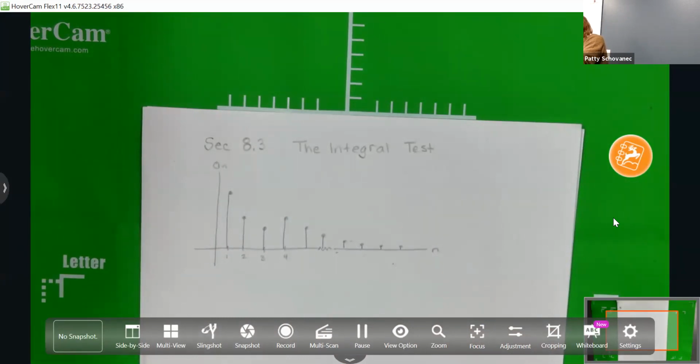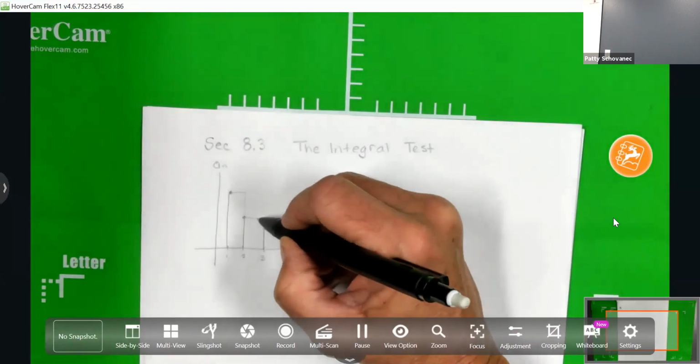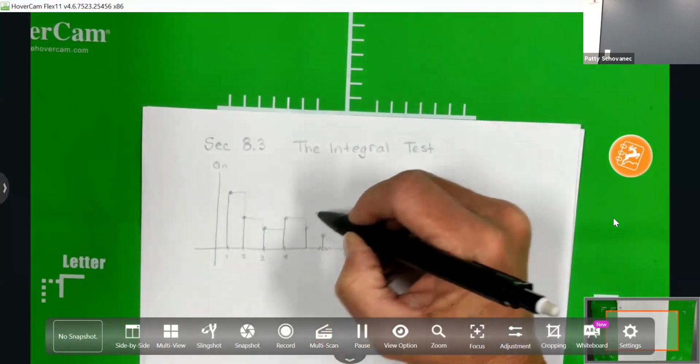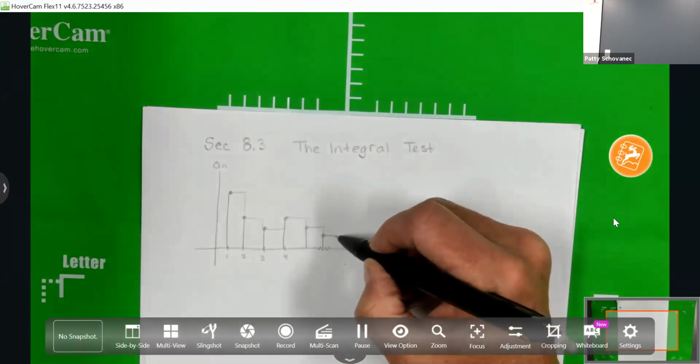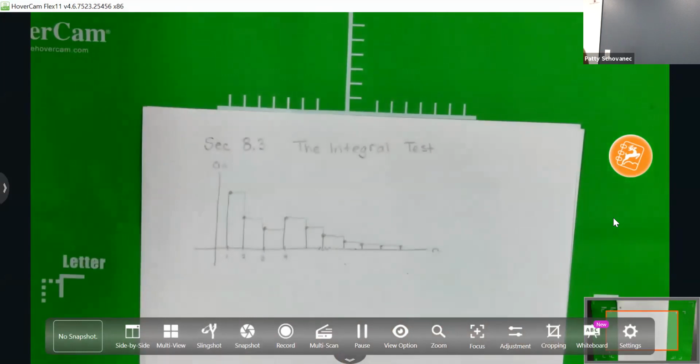Now those y values can be used to construct rectangular boxes of base width 1. So let me connect these over like this. And hopefully when I do that, it reminds you of a Riemann sum.